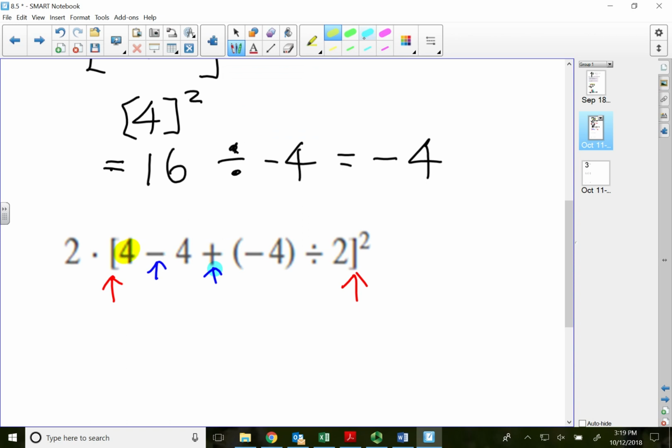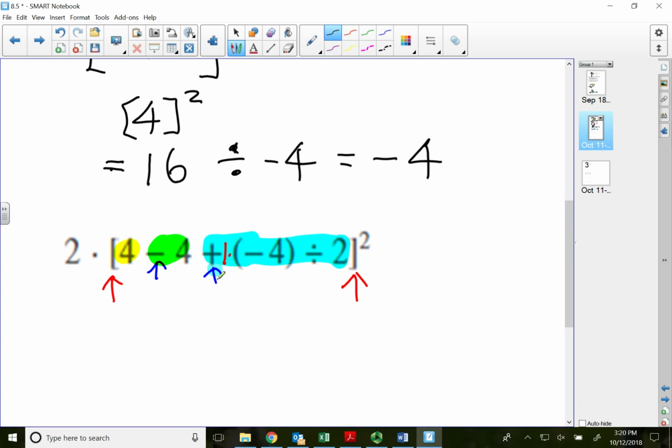Between the subtract and the plus sign, that's another term in the bracket. Behind the plus sign is actually my third term in the bracket, but the plus sign goes with the term that follows. So that means my third term here is actually positive 1 times negative 4 divided by 2.